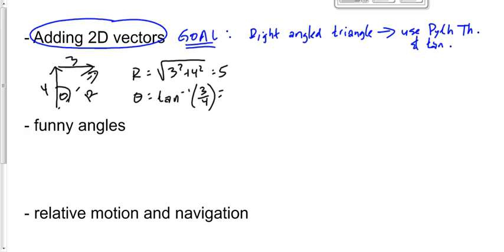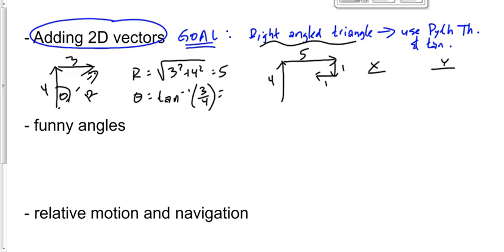But if you've got, let's say, 3 vectors like this, 4 plus 5 plus, let's say, 1 plus 1 this way, what are we going to do? This is when we got to break into the x and y components, because remember, the goal is to get a right angle triangle. So we're going to say x components, y components.